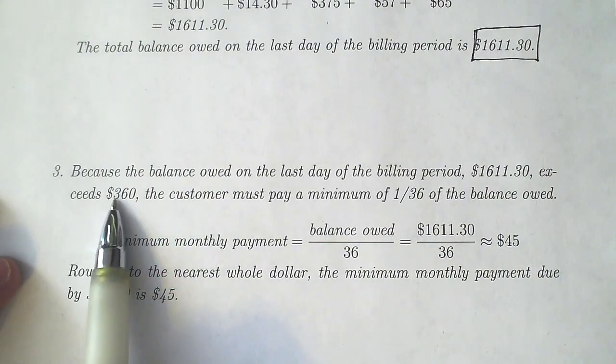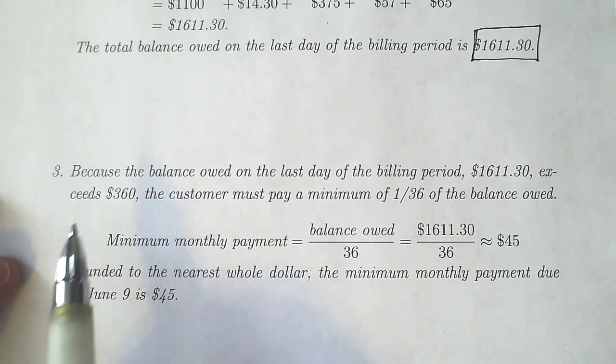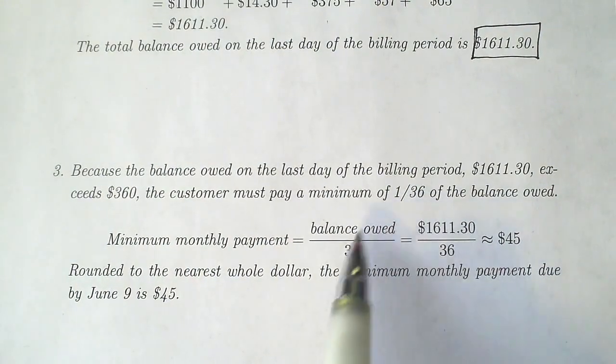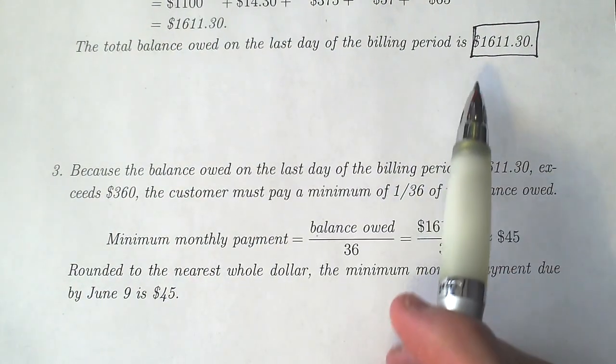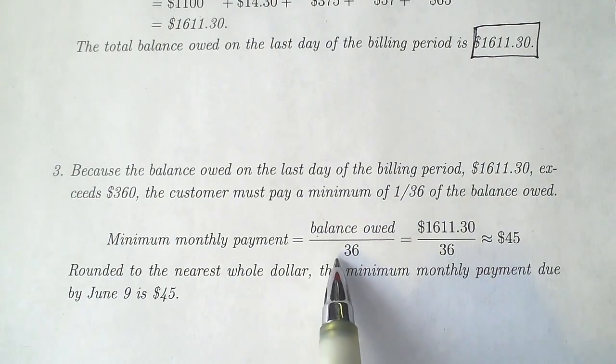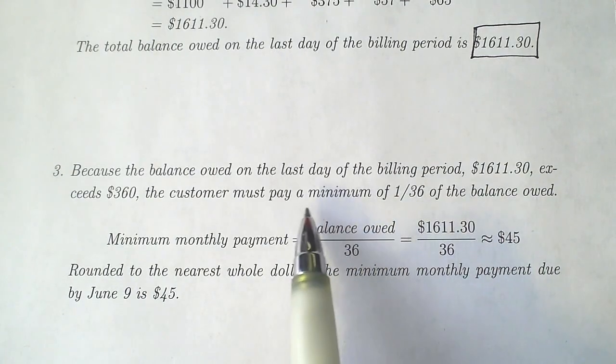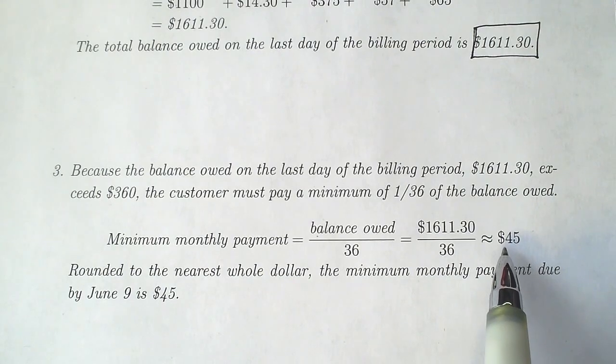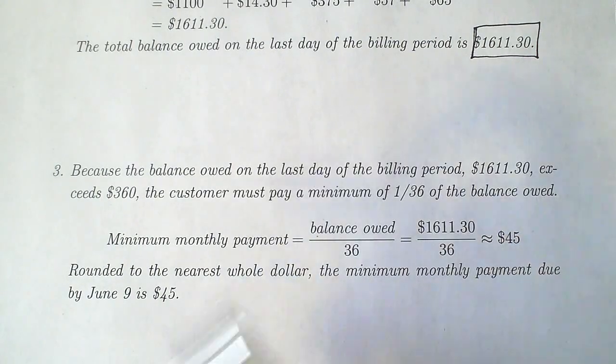So again, it's typed for us, but this exceeds $360. So we're not going with that $10 rule. We're going with 1/36 of this. So you just take the balance owed, which we already found, and we want 1/36 of it. So you divide by 36, do it on a calculator. And in the problem, it said rounded to the nearest whole dollar.